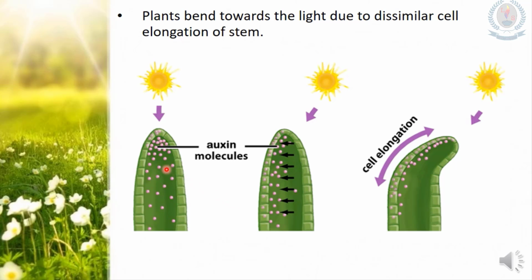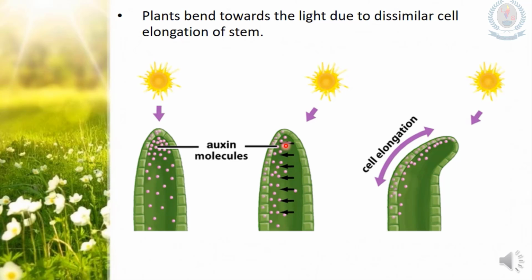Say this diagram, as I explained earlier, the auxin molecules are produced at the tip, and when they are in sunlight, they are pushed downwards because they like to be on the shady side and equally distributed throughout the stem, stimulating the growth of the stem. But when the apex is getting sunlight from only one side, what happens?